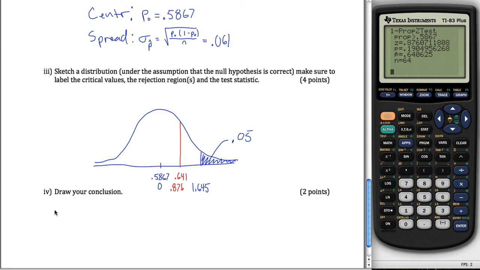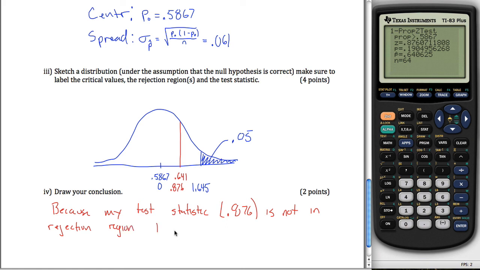So my conclusion is, because my test statistic, which was 0.876, is not in the rejection region, there is not sufficient evidence to reject the null hypothesis.